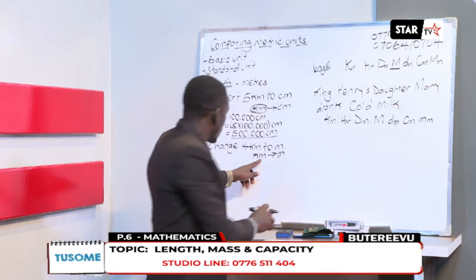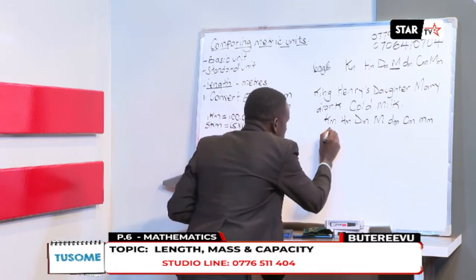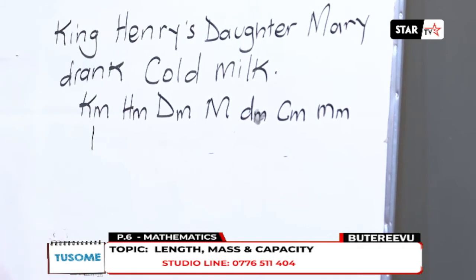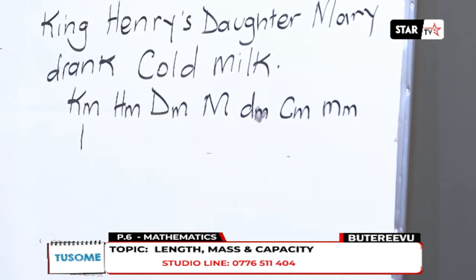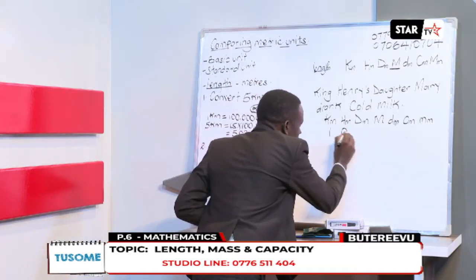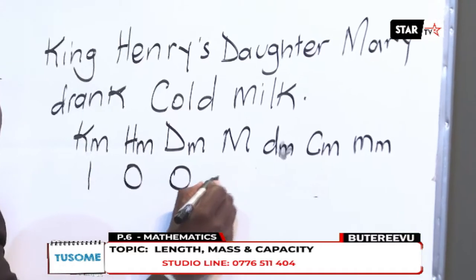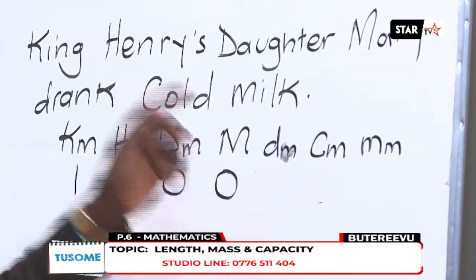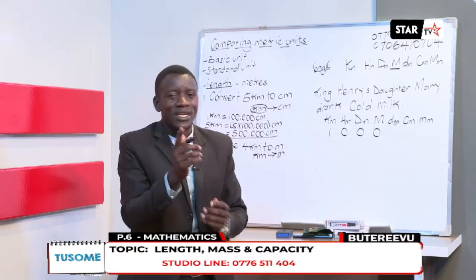So I'm changing from kilometer, it will be 1. Then I'll apply zeros on the metric units until I meet meters. So let's do it together. This is 0, 0, 0. I can't proceed because I've already reached meters. What does it mean?